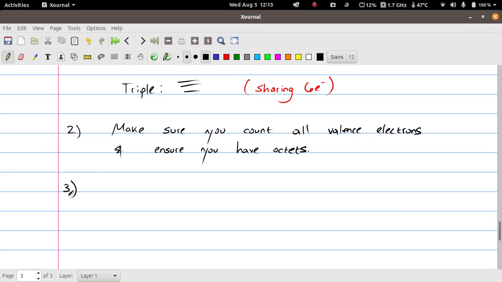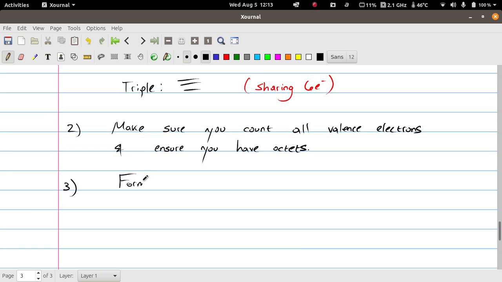And the last rule, and this will pretty much do it for the video, is form single, double, or triple bonds to connect the atoms together. Sorry, I was thinking of a word.